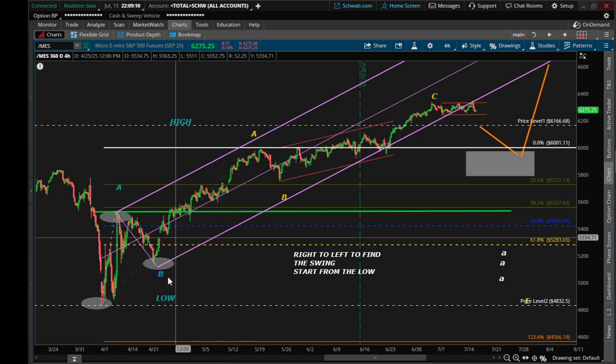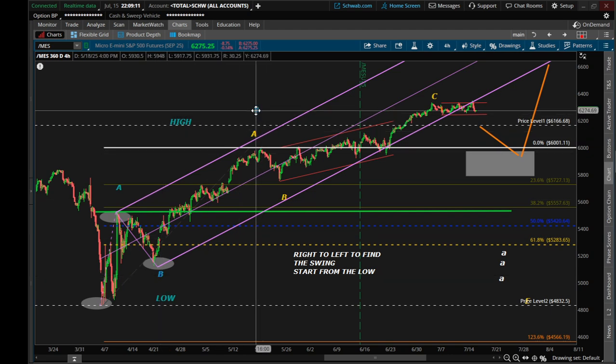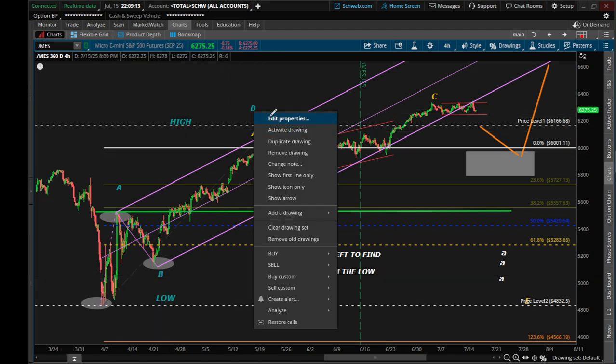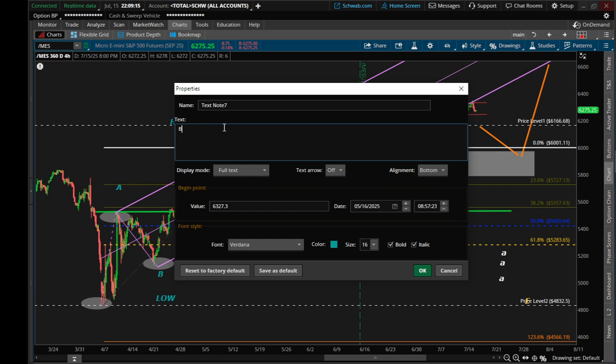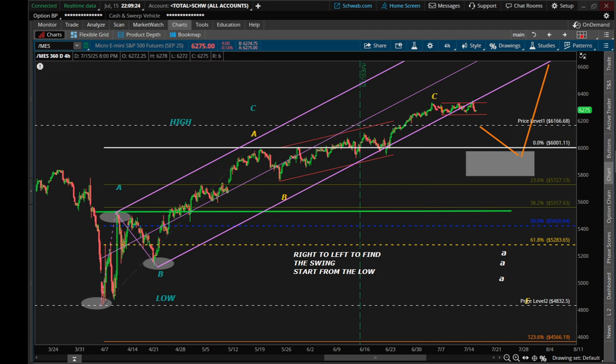So let me put this here just in case that might be the scenario. I'm going to put an oval around that just so I can remember that that's a maybe. So a maybe on the C leg there to be completed.